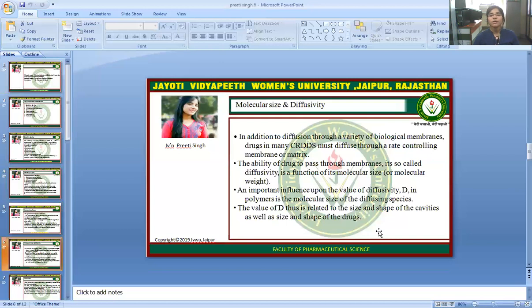It is a function of its molecular size or molecular weight. An important influence upon the value of diffusivity D in polymers is the molecular size of the diffusing species. The value of D is related to the size and shape of the cavities as well as the size and shape of the drug.